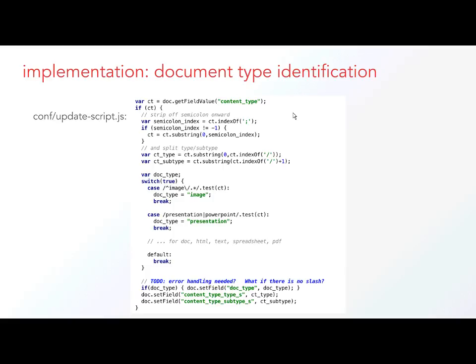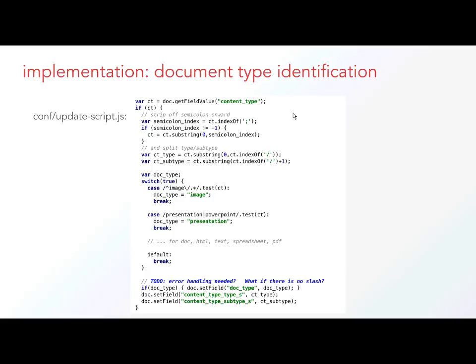So maybe you can see in the code there, the first switch case statement is looking for image/star and identifies anything that has an image type in its content type as an image document type. For presentations, we look for presentation or PowerPoint and so on, and then we have these high-level types.